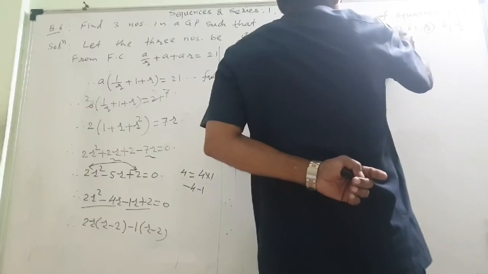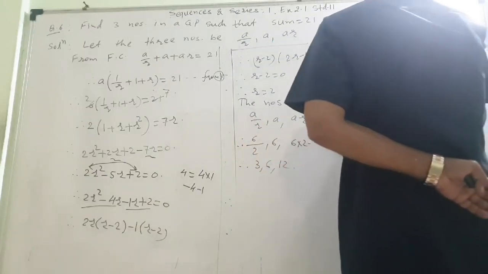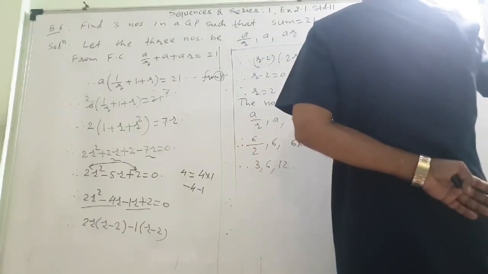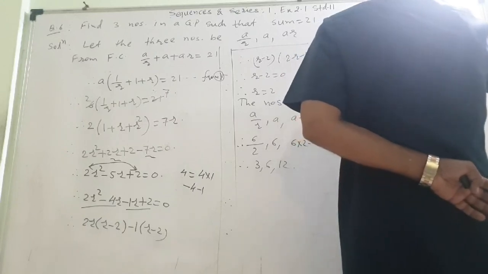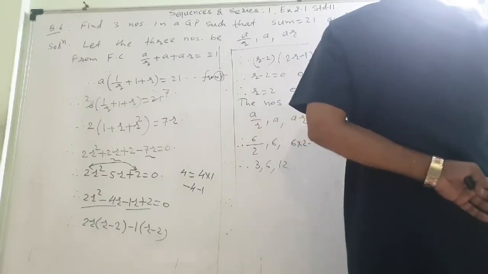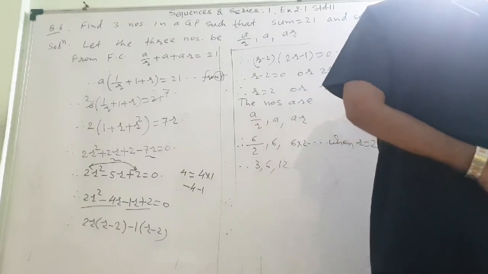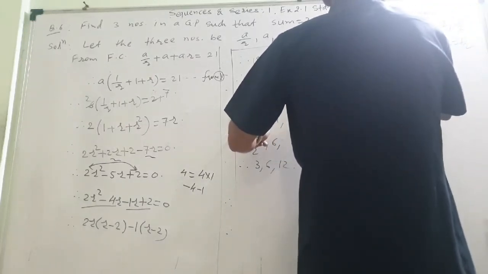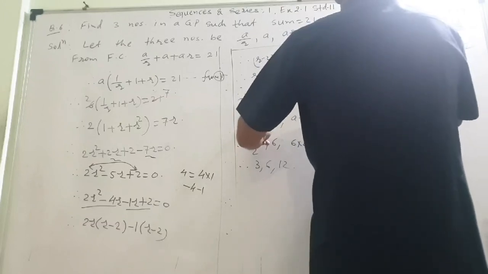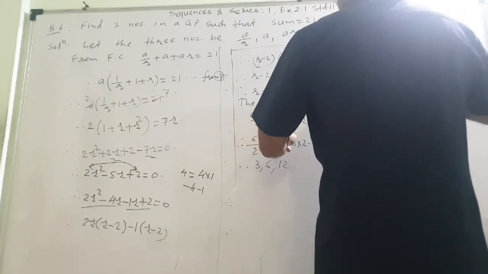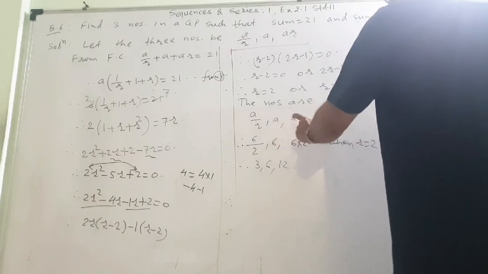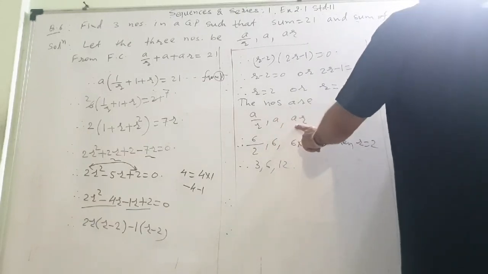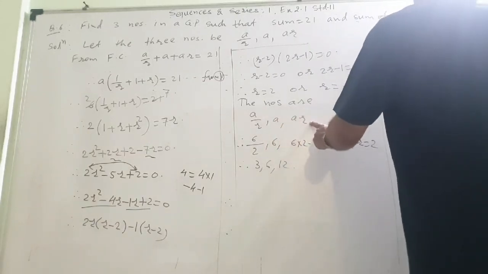Or when r is equal to 1 upon 2, at that time what are the numbers? a upon r. a means 6 upon r, and r is 1 upon 2, comma a is 6, comma a r is 6 into r, and r is 1 upon 2.